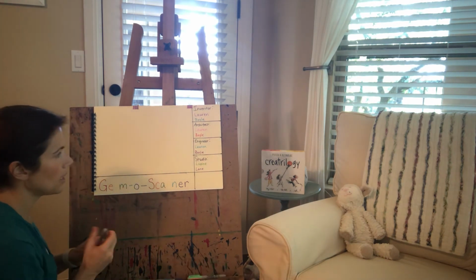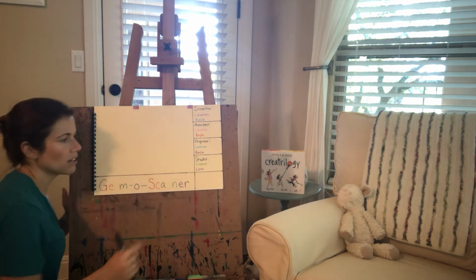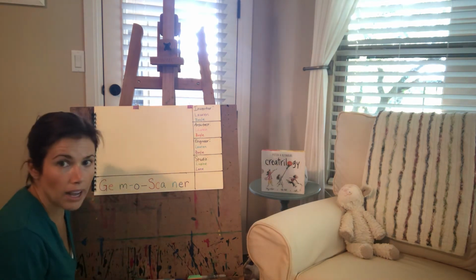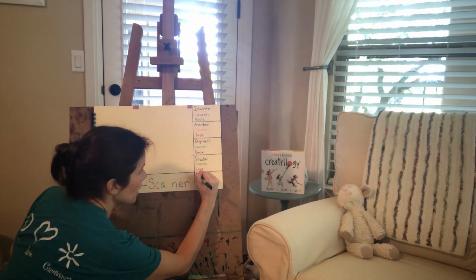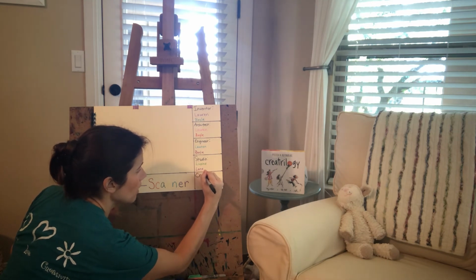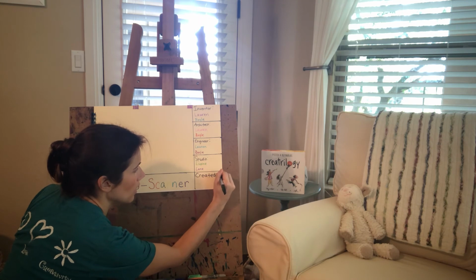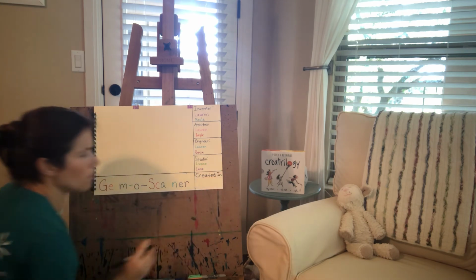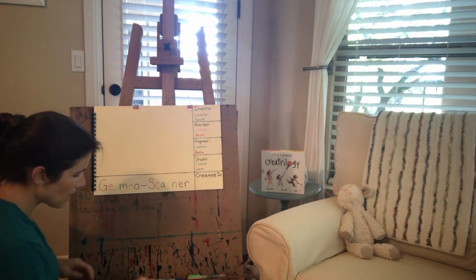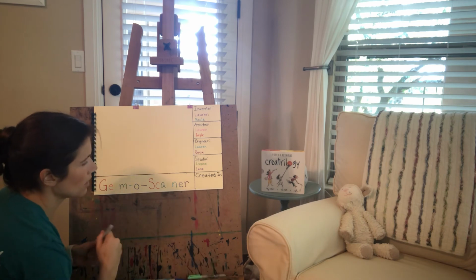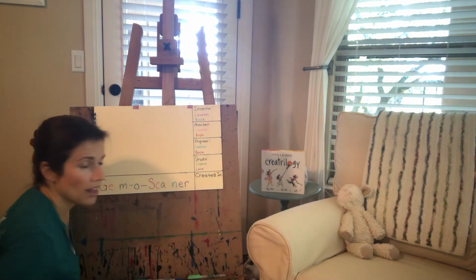Now, over here, in this final box, we're going to write when this was created. So we're going to say created, C-R-E-A-T-E-D, in, I-N. And remember, we'll do a colon, 2 dots, created in. And then we're going to write the month.